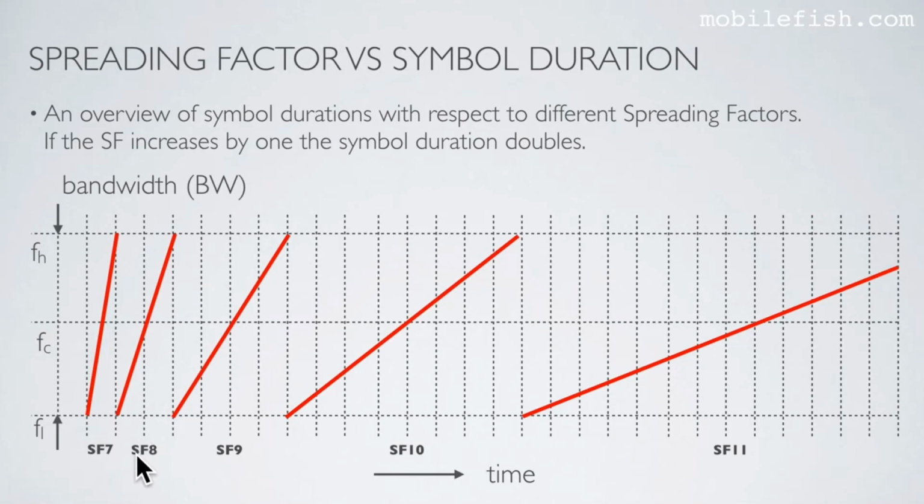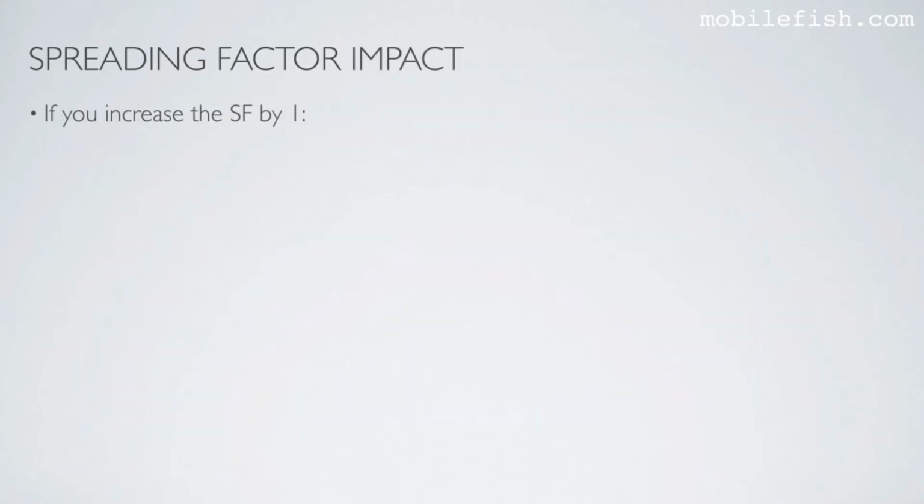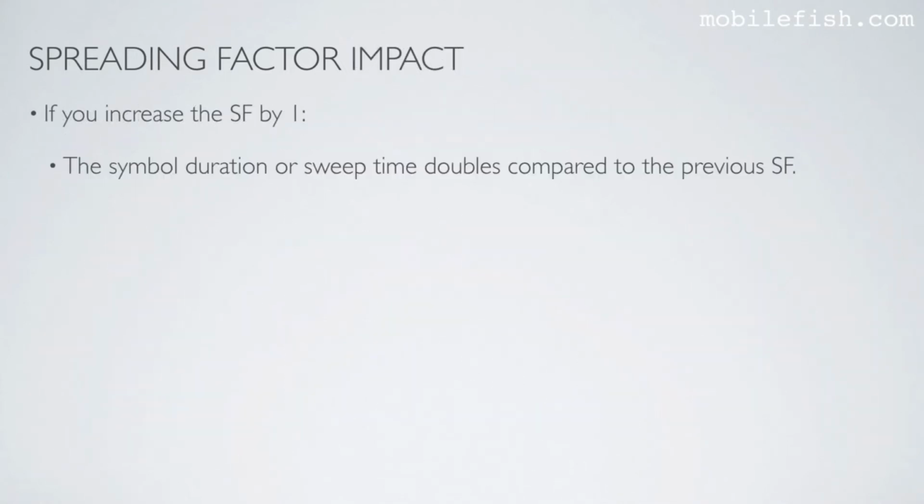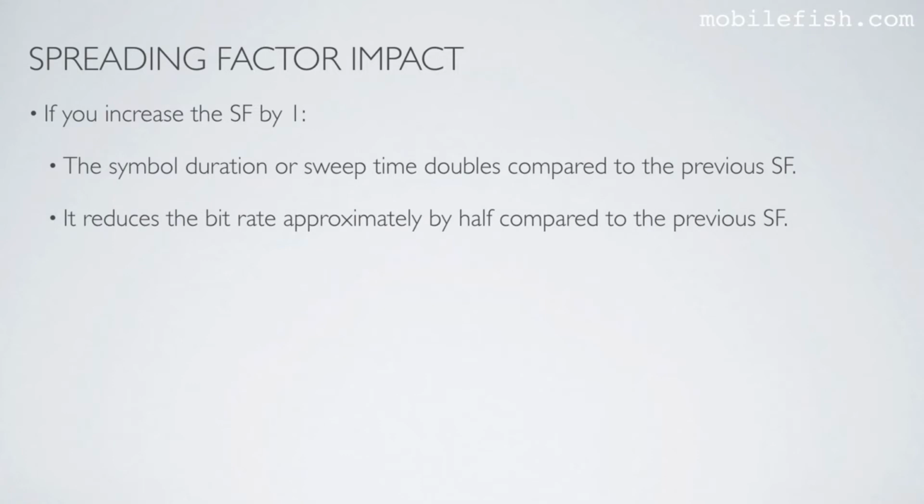Again, if the spreading factor increases by 1, spreading factor 8 to spreading factor 9, the symbol duration doubles from 2 to 4. If you increase the spreading factor by 1, the symbol duration or sweep time doubles compared to the previous spreading factor. It reduces the bit rate approximately by half compared to the previous spreading factor.